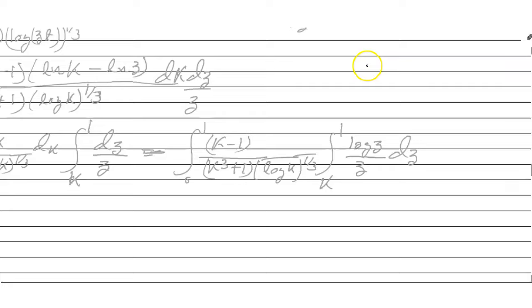So friends, let log z equals t, so 1 by z dz equals dt, and log z by z integrates to log z whole square divided by 2.